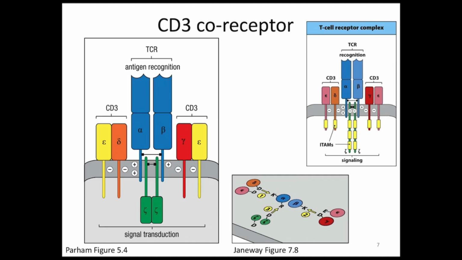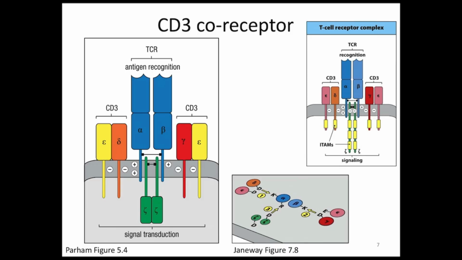And so an ITAM is an immunotyrosine-based activation motif. So ITAM is an acronym that stands for immunotyrosine-based activation motif. The key is that we've got a tyrosine amino acid, which is an amino acid that can get phosphorylated by a lot of kinases really easily, and this will lead to that T cell being activated.